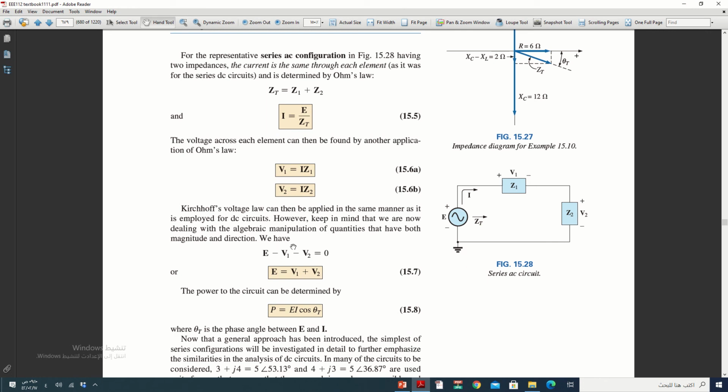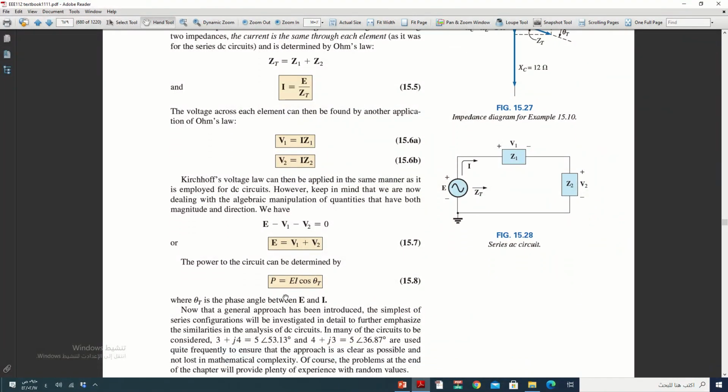If we move V1 and V2 to the other side, it will equal voltage source equals V1 plus V2, as we know in Circuit 1, Kirchhoff's voltage law. And we know from the last chapter, power equals voltage multiplied by current times cosine theta t. Theta t is theta v minus theta i.